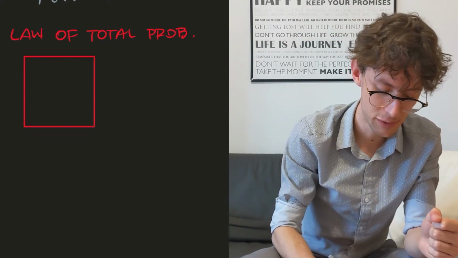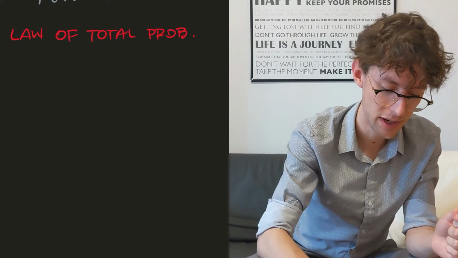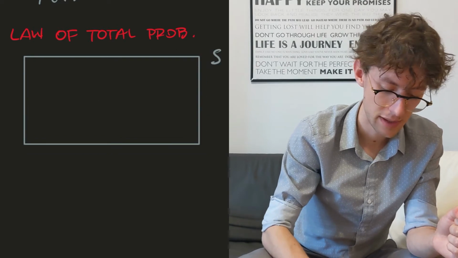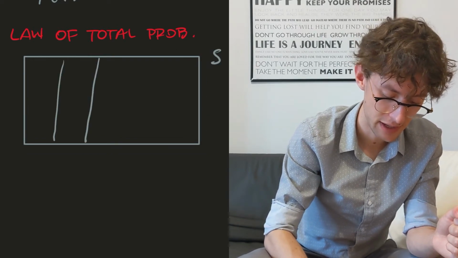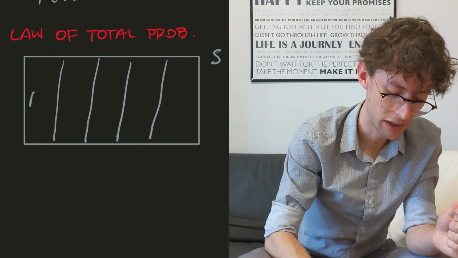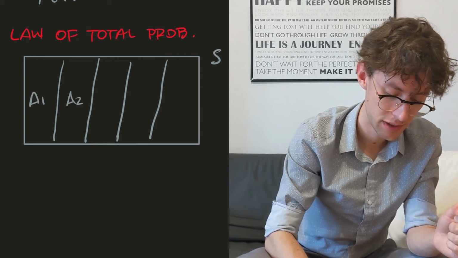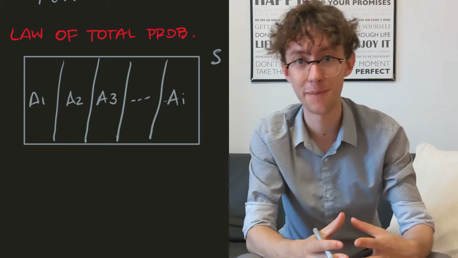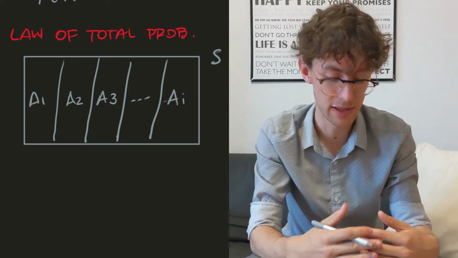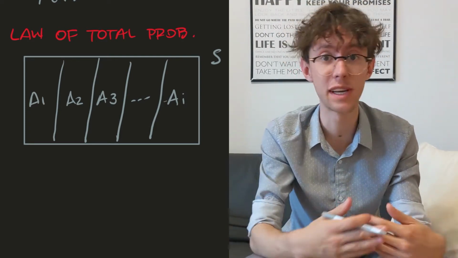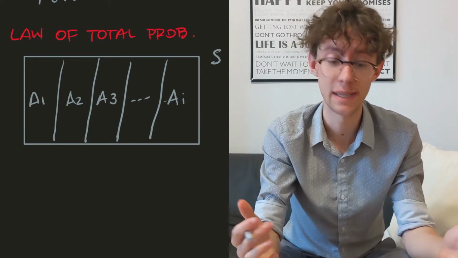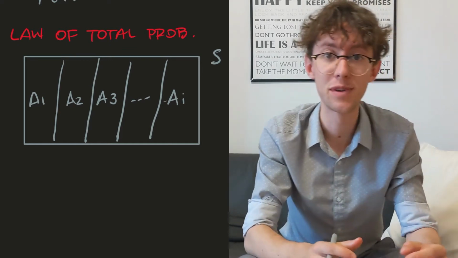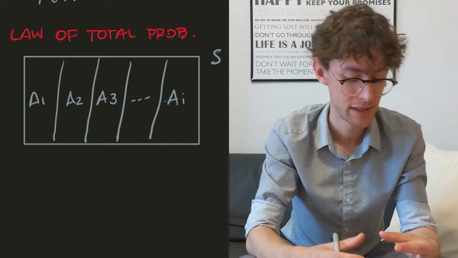If I have the sample space S, and this sample space S is divided into subsections that I will be calling A1, A2, A3, etc., all the way to A something that we'll call AI. Say it was divided in 6 pieces, then AI would be A6, but it can be divided into any number of events. And notice that A1, A2, A3, all of these, they don't overlap, so they are disjoint, right?